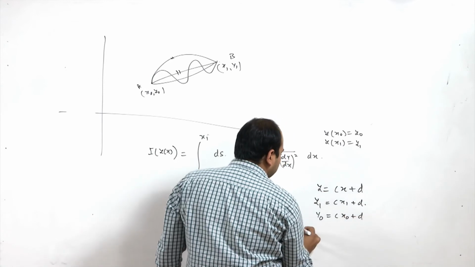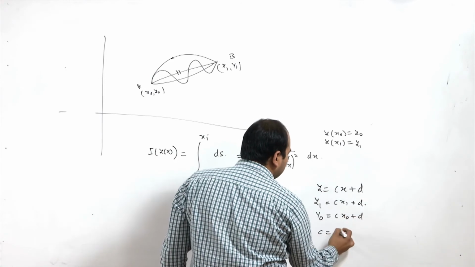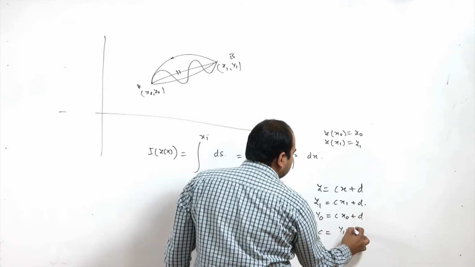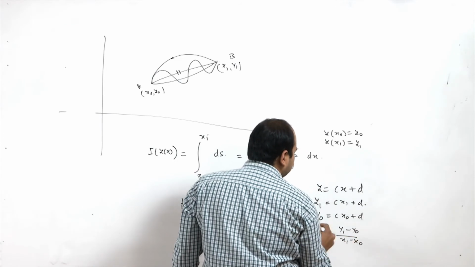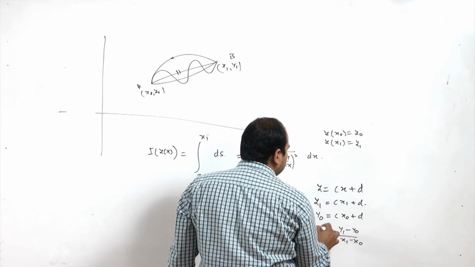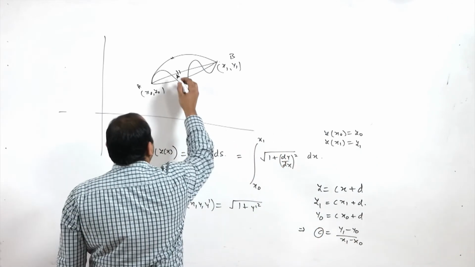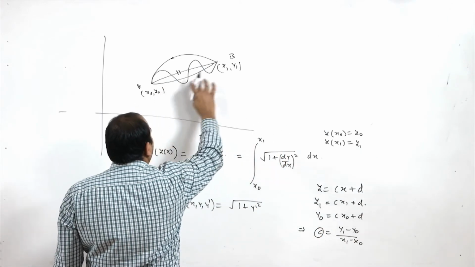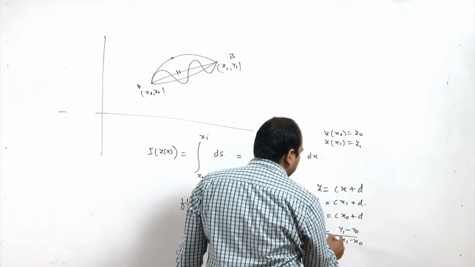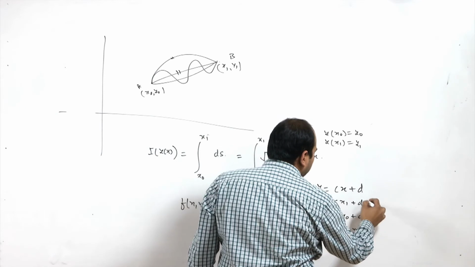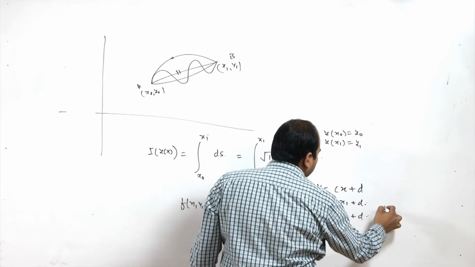You subtract and you get c as y1 minus y0 divided by x1 minus x0, which simply says that c is the slope of the straight line joining these 2 points x0 y0 and x1 y1. Similarly, once we know c, you can find d from either of these two equations.